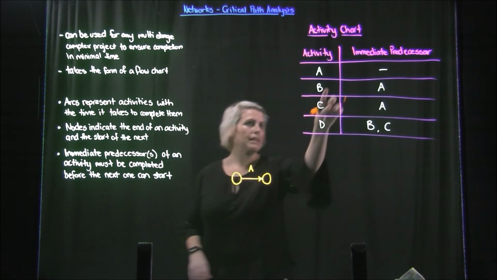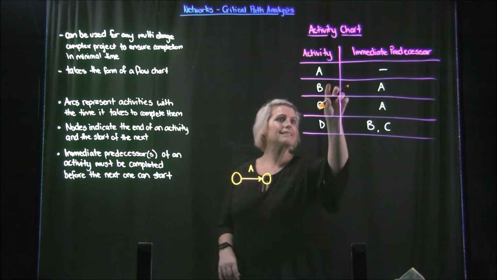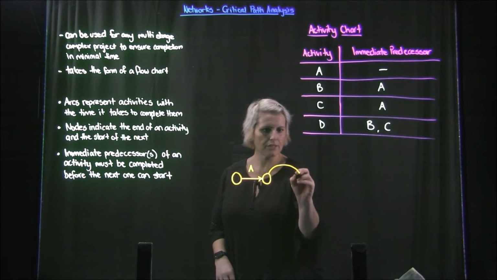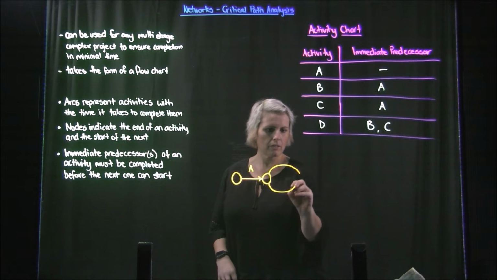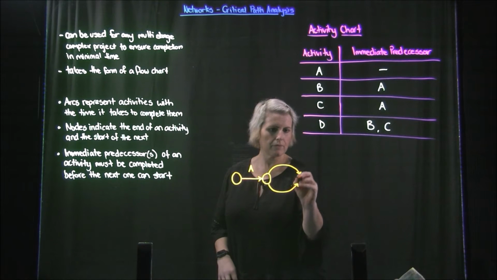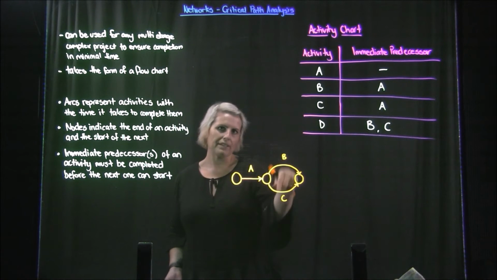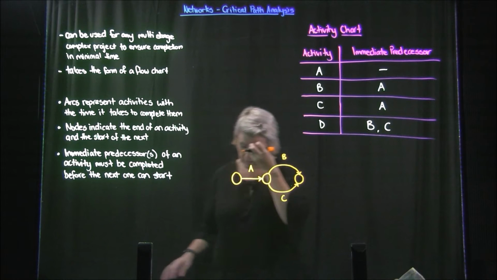But now that A is done, B and C can both start. That means we can do it this way, and our finish point. So B and C. Which way doesn't really matter, it just sits that way.